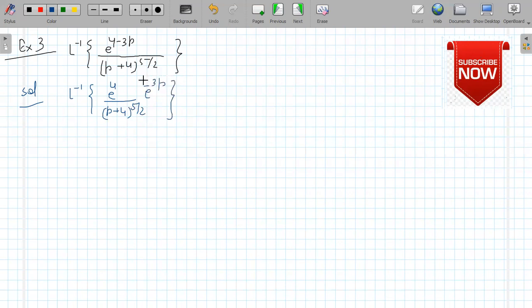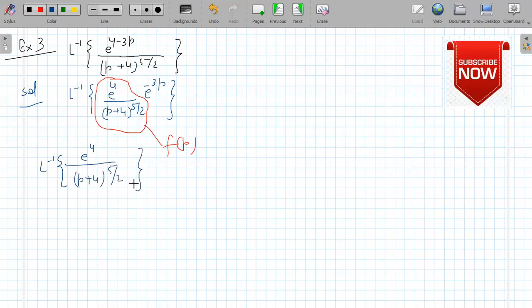So this is an e raised to the power minus ap type of expression, which is extracted from this expression, and the function that is obtained, this function, is taken as F(p). Okay, we will take this as F(p), and we will find out its Laplace inverse. Laplace inverse of e raised to the power 4 over (p plus 4) raised to the power 5 upon 2.